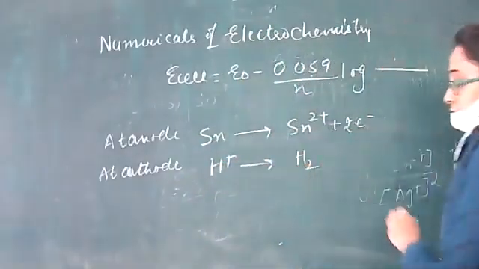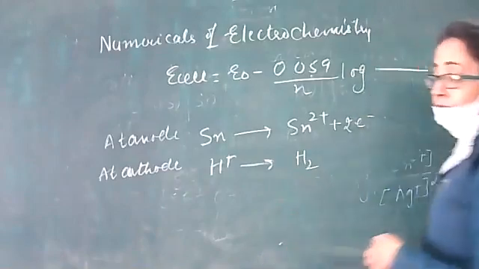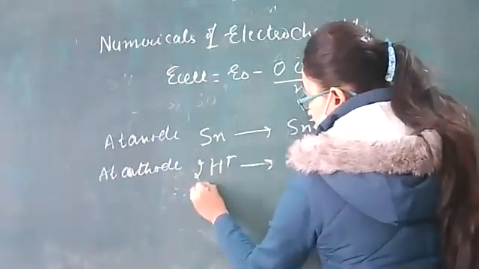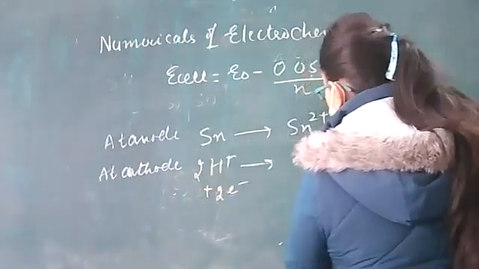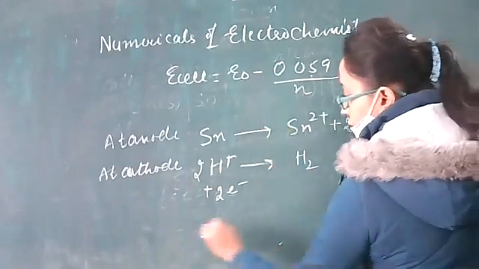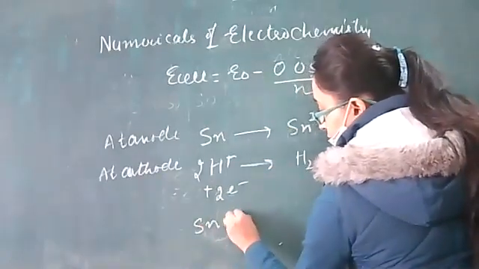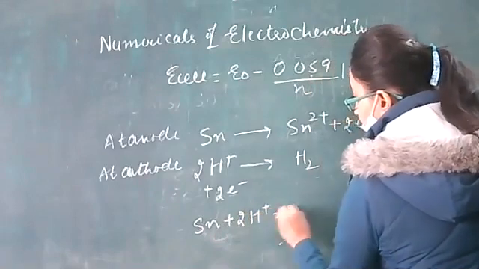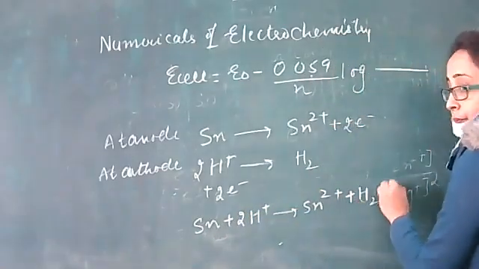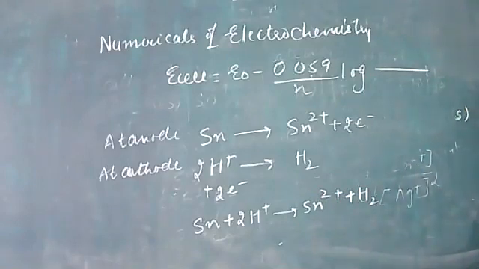So there will be the gain of electrons, and 2 H positive will gain 2 electrons. As electrons are already balanced, we'll add the equation. We will get Sn plus 2H positive giving Sn2 positive plus H2. So this is our final equation.